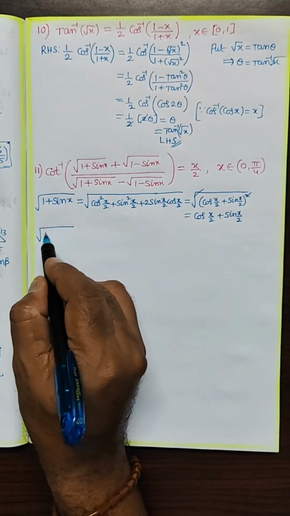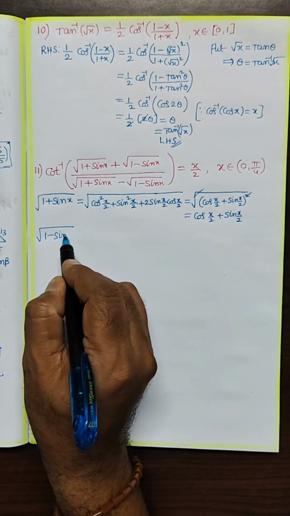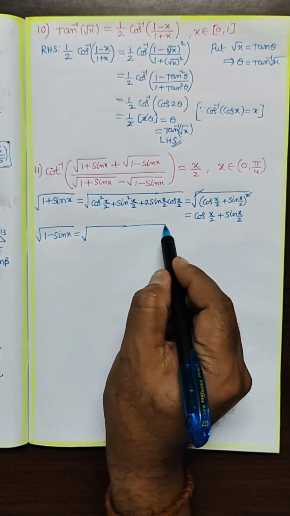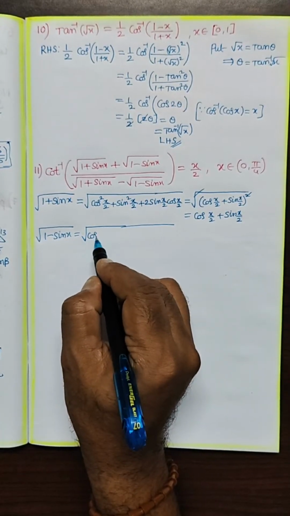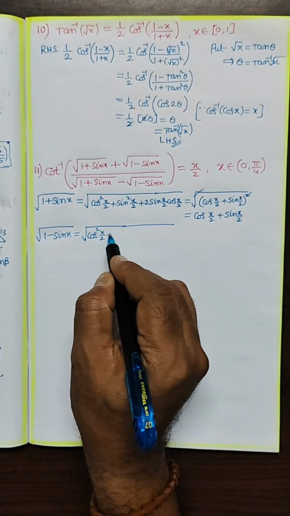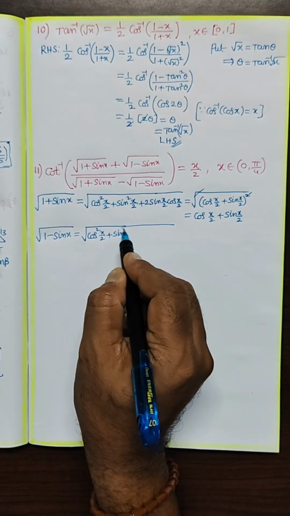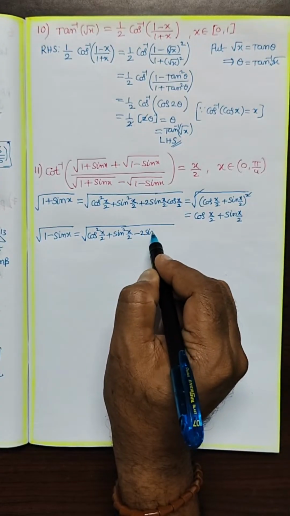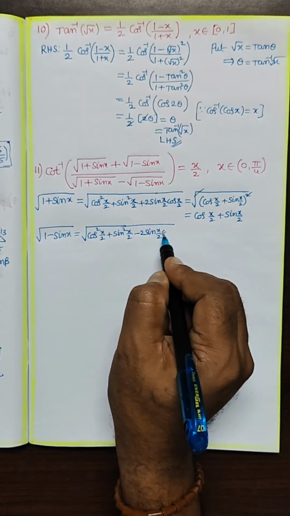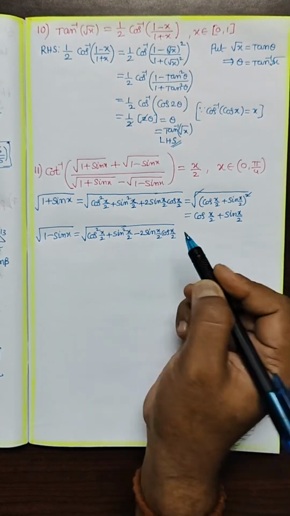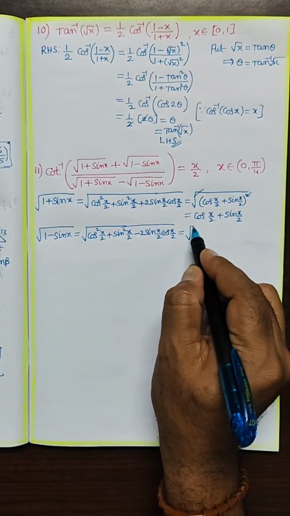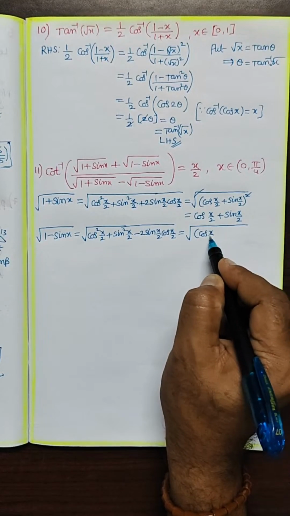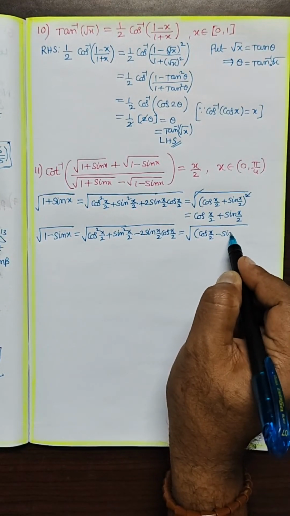Similarly, root 1 minus sin x. Same procedure you have to follow: root of cos square x by 2 plus sin square x by 2 minus 2 sin x by 2 cos x by 2, which is equal to square root of (cos x by 2 minus sin x by 2) whole square.